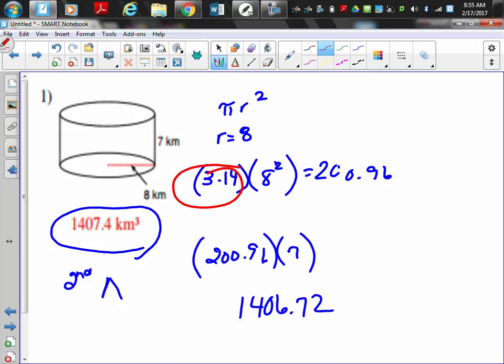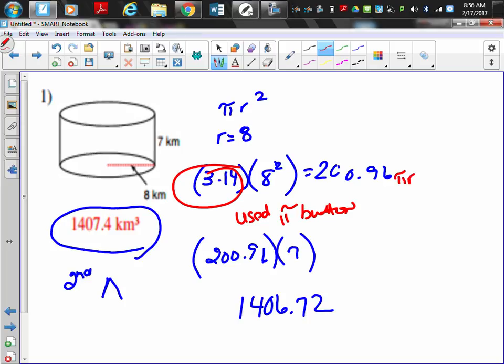I should have used the pi button. And then out to the side, you would show the correct work.